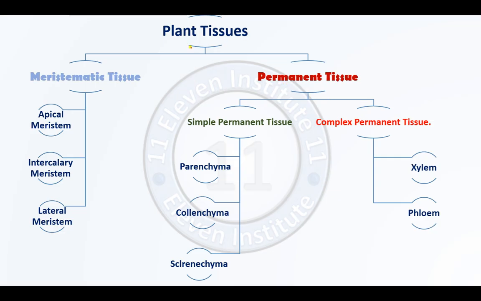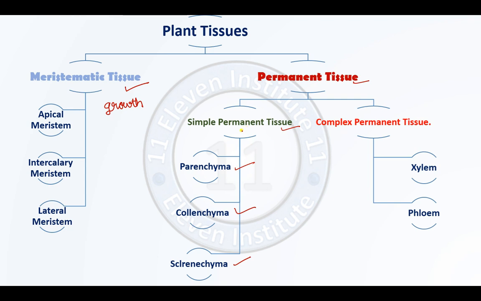This was the classification of the plant tissues, and we have already discussed the meristematic tissues. In permanent tissues, we have specifically discussed simple permanent tissues, that are parenchyma, collenchyma, and sclerenchyma. We already know that the basic function of any meristematic tissue is the growth of plants, right?